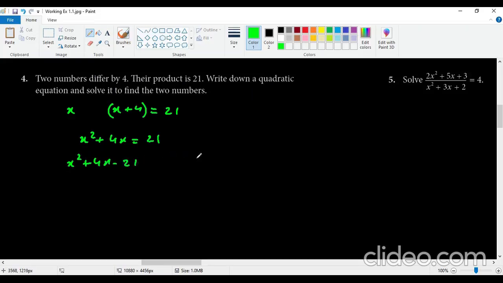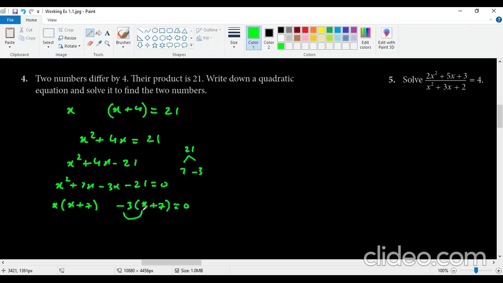Now 21's factors are 7 and 3, and plus 7 minus 3 is going to give you a plus 4. So I'm writing this once again: x square plus 7x minus 3x minus 21 equals 0. So in here x is common, x plus 7 in one bracket, x plus 7 in another bracket, and minus 3 I will write here because minus 3 multiplied by x is going to give you minus 3x.